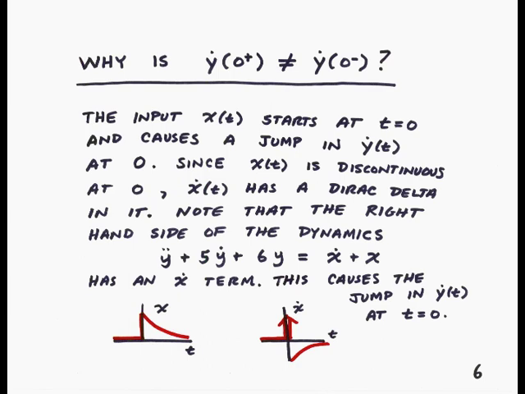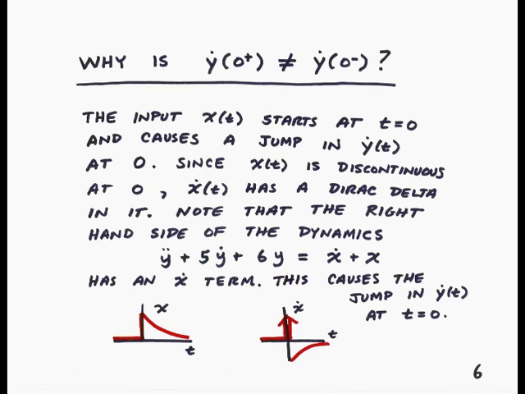And the reason is because if x of t is discontinuous at t equals 0, then x dot will have a Dirac delta in it. It is that Dirac delta which causes the jump in y dot at time t equals 0.